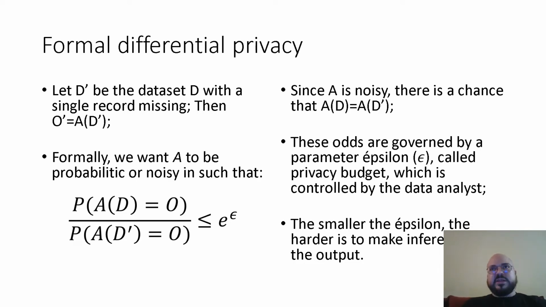The effect of removing a single individual from the data set on the error in my algorithm is governed by a parameter called epsilon, or privacy budget.